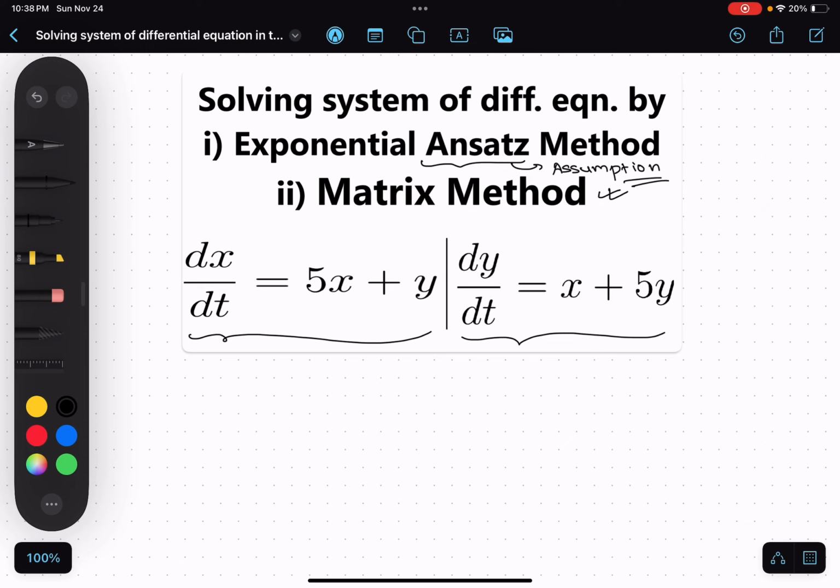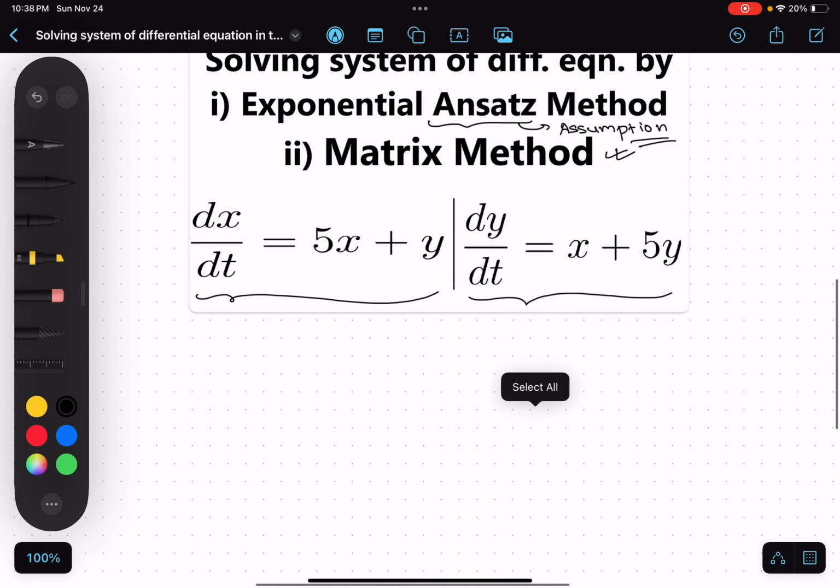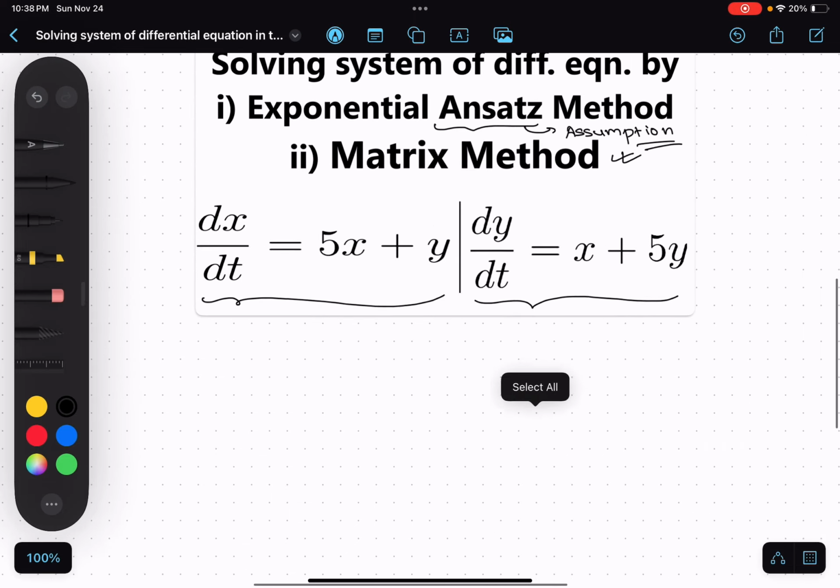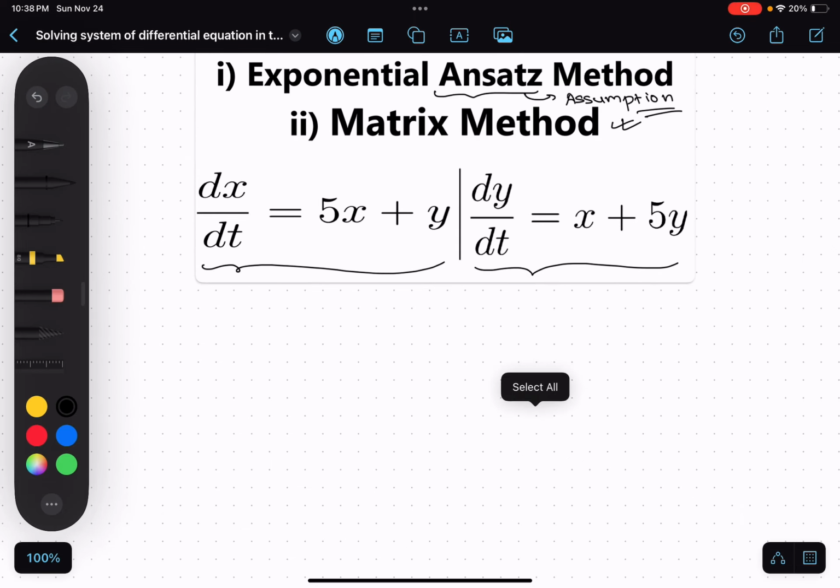Now, to use the first method, we need to combine these two equations into a single one. Over here, you might notice that y is just dx/dt minus 5x, right?